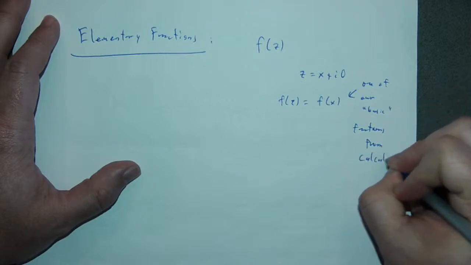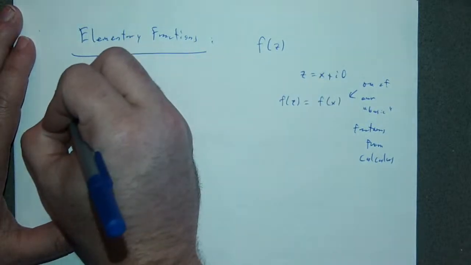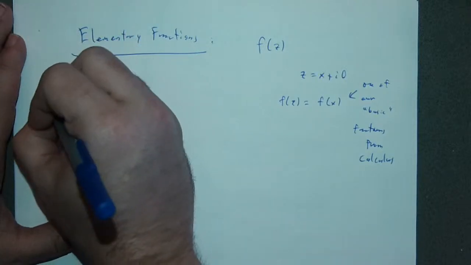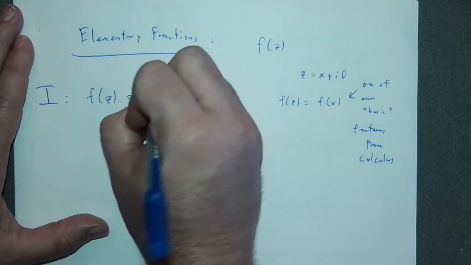So just running through them quickly: the exponential function, log, trig functions, hyperbolic trig functions, and so on. Okay, these are kind of our main things that we want to focus on. And so, the first one that we want to talk about is the exponential function. So number one is our exponential function f of z is e to the z.